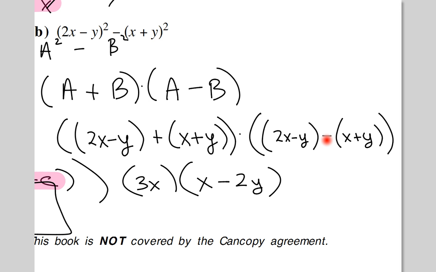Minus y, minus 2y. I always repeat that stuff in my head when I'm doing integer stuff. And never, never, never do this. Don't redistribute, because that's undoing your factoring. So never redistribute.